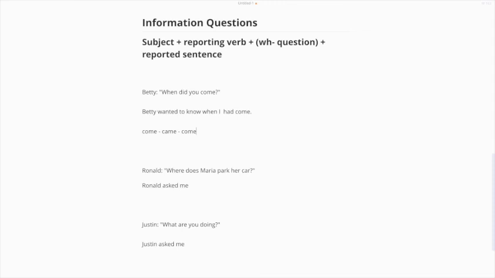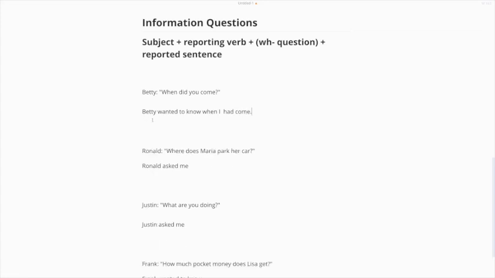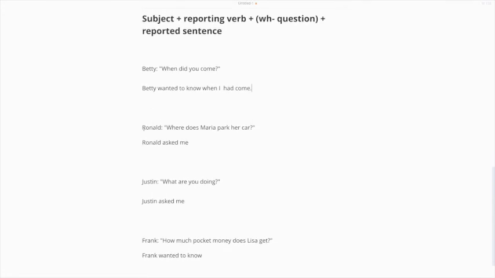So come is the present, came is the past, simple past, and come again is the past participle. So in this case, we're not using the present, this is the past participle. Betty wanted to know when I had come. Okay, that's number one. Number two, in this case, Ronald's talking. So Ronald says, "Where does Maria park her car?"